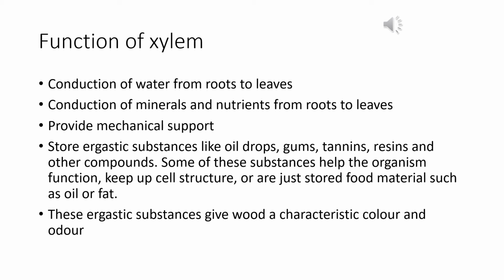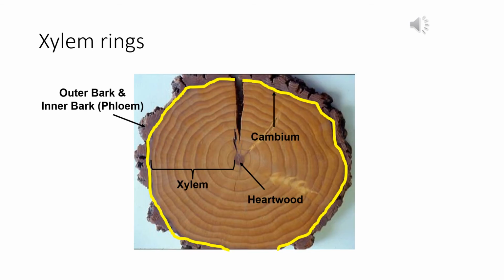Xylem actually grows in the form of rings inside the bark of the tree. If we cut a woody tree in a transverse section, we can see that there are xylem rings that grow from the center to the periphery, and by counting the xylem rings we can predict the age of the tree.